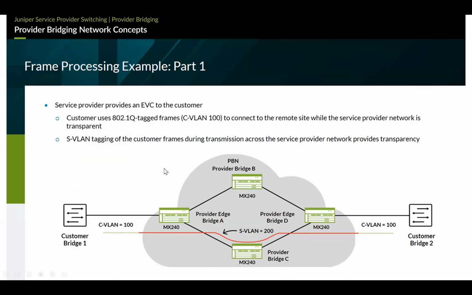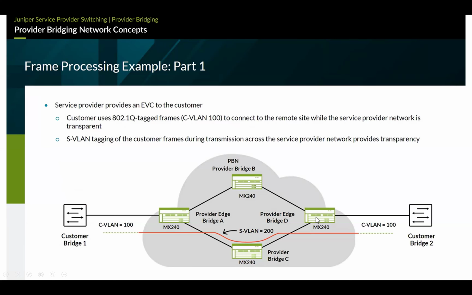Okay. So see here, the customer is forwarding, the VLAN ID is 100. Receiving this VLAN as the inner VLAN in MX240, and the outer VLAN is the S VLAN, the VLAN ID is 200.